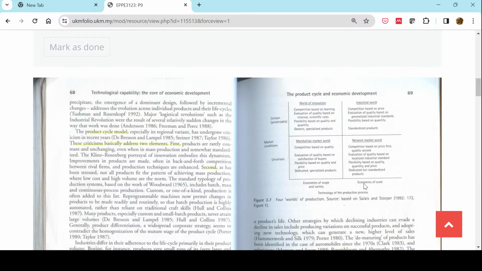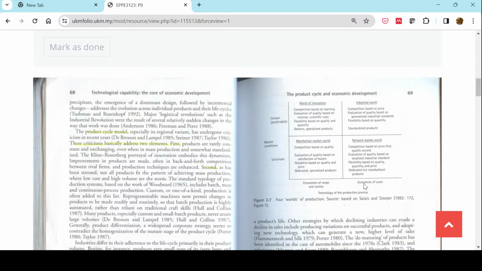Let's look at the one that is predictable and deriving from scope and variety is the world of innovation. Competition based on learning, evaluation of quantity based on internal scientific rules, flexibility based on quality and quantity, generic.